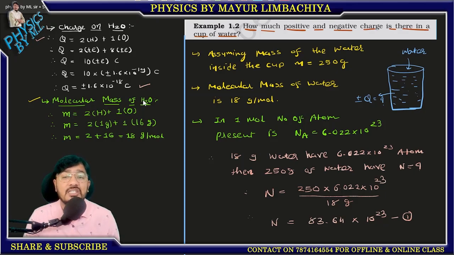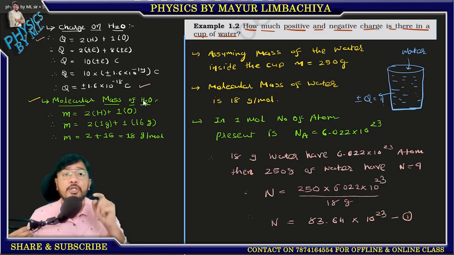So the charge on H2O can be calculated as Q is equal to, there are two hydrogen atoms. The atomic number of hydrogen is 1. So there is one proton and one electron present.